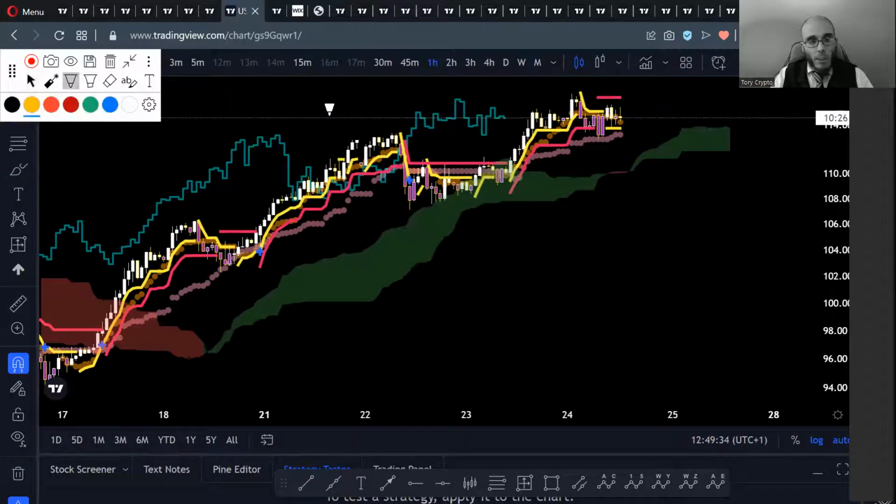On the 1-hour chart, we are higher and it will take longer to go bearish. But it's the same thing. I would go bearish once we are below the cloud and the future Kumo is bearish, Chikou is below price, and the Tenkan and the Kijun are in the right order. Right now Chikou is up here and it needs to go below price, and the order is not right yet. So right now I can't, but it would take longer.